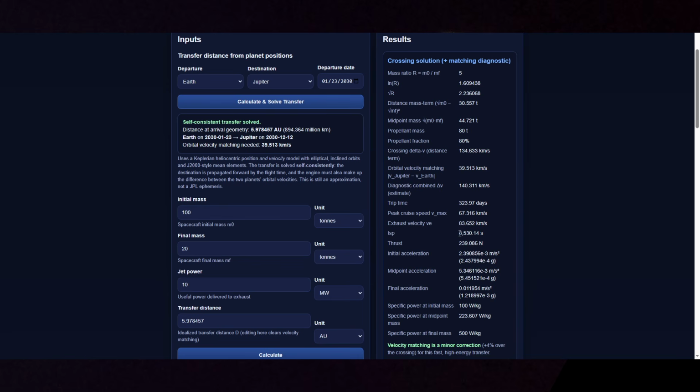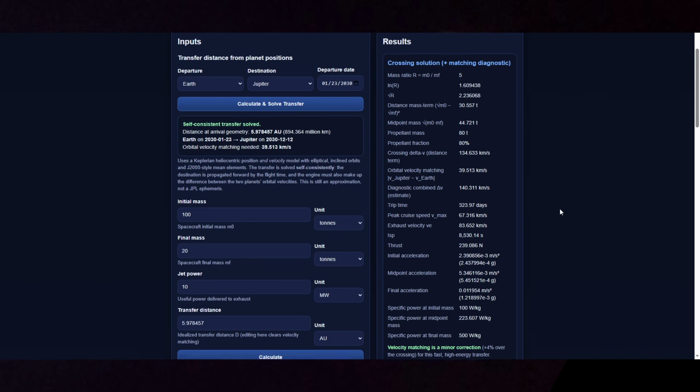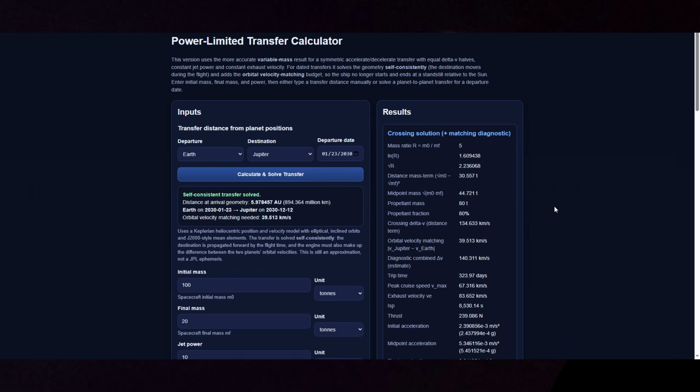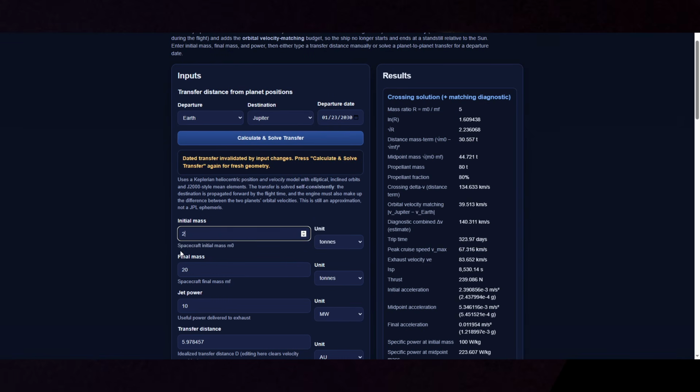So we get this solution, and the thing that I sort of made this calculator to do was to answer a supposition of mine. I had looked at the equations myself, and I had thought there was a way to optimize for the trip time. So if we increase this, now we have 10 times the initial mass as the final mass here.